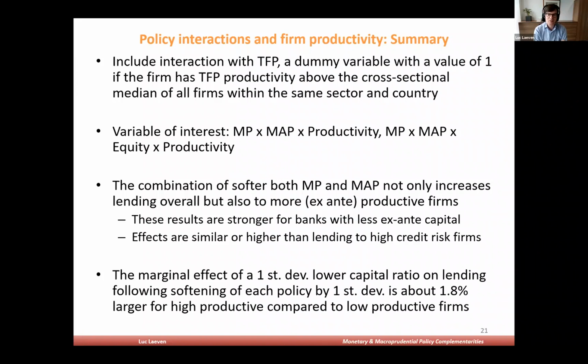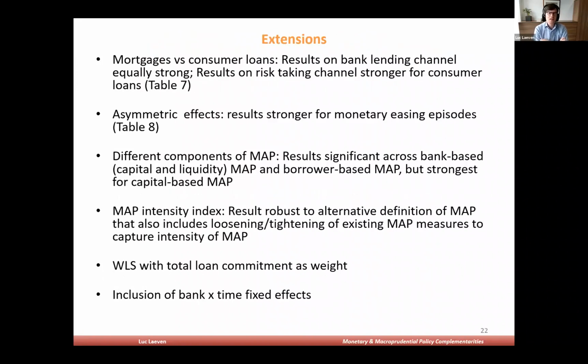And when we include that as well in an interacted fashion into the regression, we find that yes, softer macroprudential policy interacts with softer monetary policy to increase lending overall, but it also does this in a way that pushes lending to go to more productive firms. So that's the good part of the risk-taking. The effects are indeed similar or higher than the lending to high credit risk firms. So there's definitely not only a bad, but also a good side to the risk-taking channel.